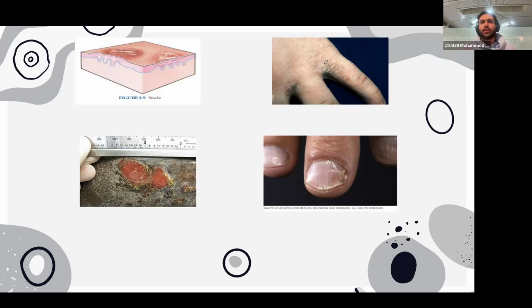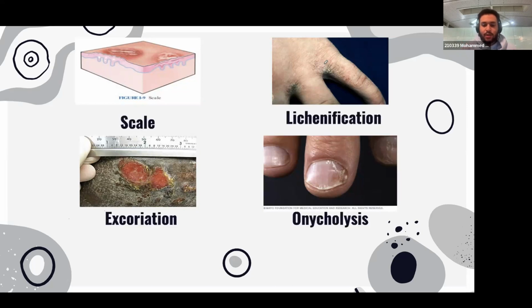Now, let's just say someone had a lesion and they started to itch it a lot, that it started to bleed. Like you can start to see the redness from underneath. What do we call this? Excoriation. Perfect. Last thing is if you have separation of the nail from the nail bed, what do we call this? Onycholysis. Good.